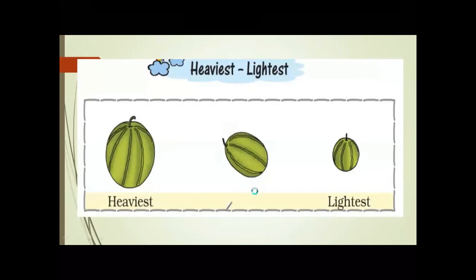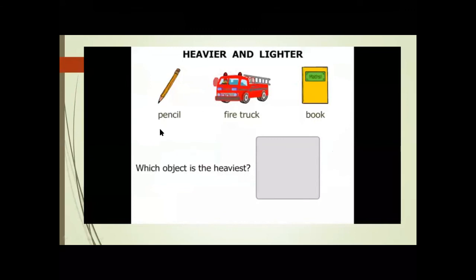Now, move to the next activity, heavier and lighter. Here we see three pictures: a pencil, a fire truck, and a book. The question is, which object is the heaviest?